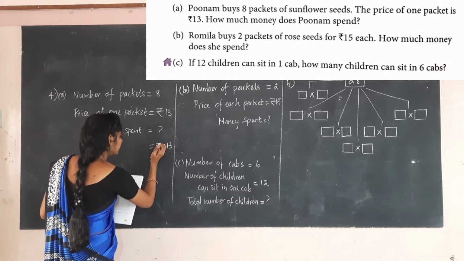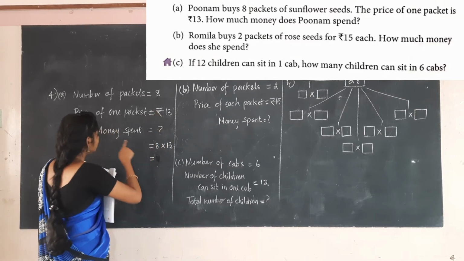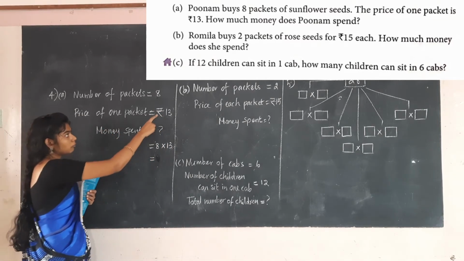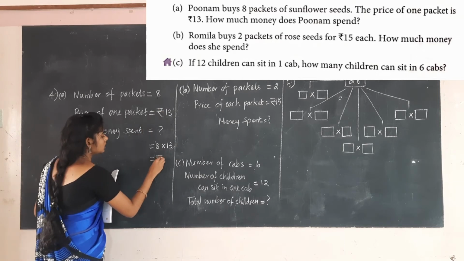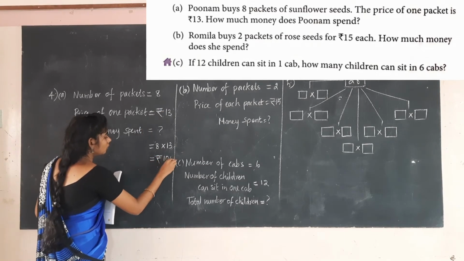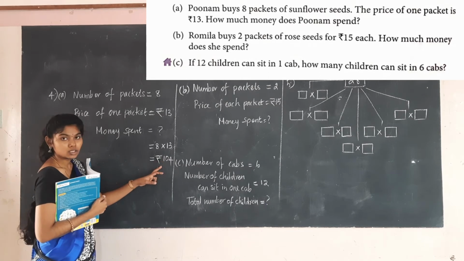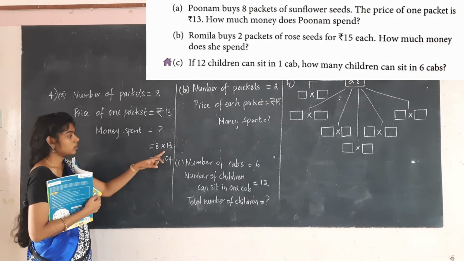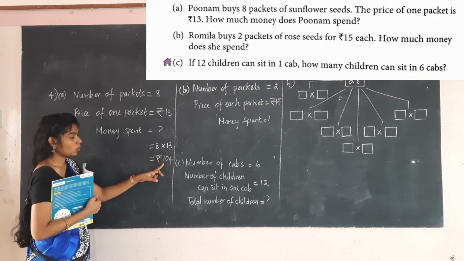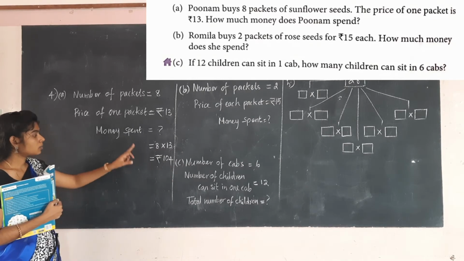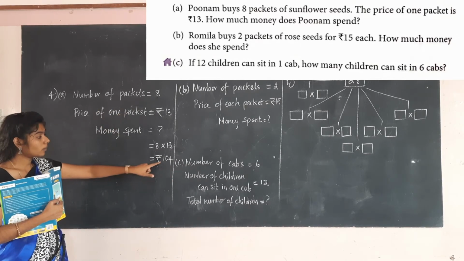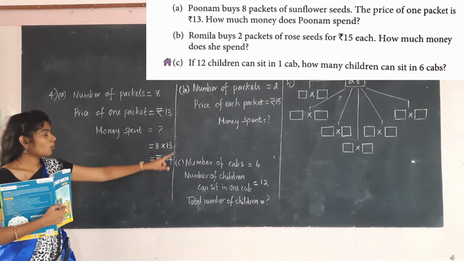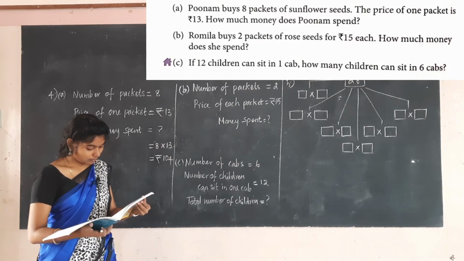Before writing the answer, you have to give the sign, because it is money, it is rupees. So mention the rupees sign and then write 104. So the money she has spent for buying 8 packets is rupees 104. Now we shall see the next problem.